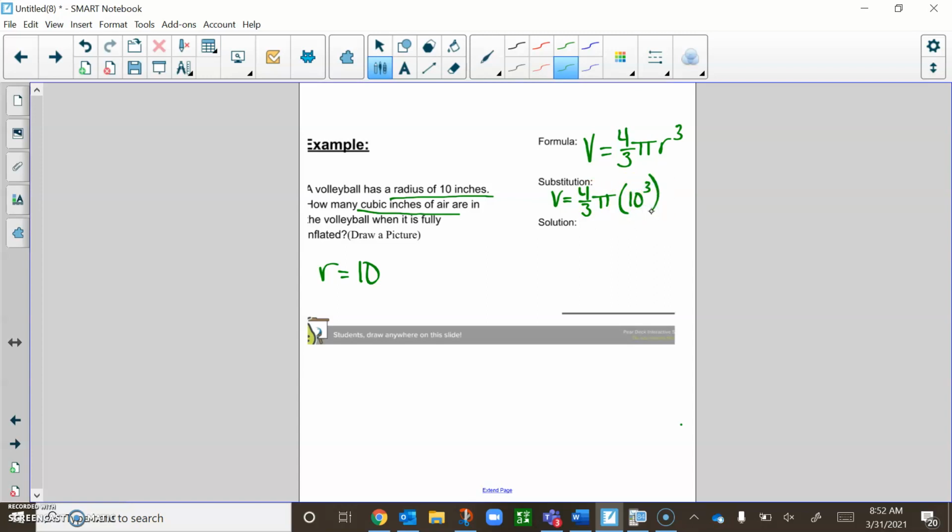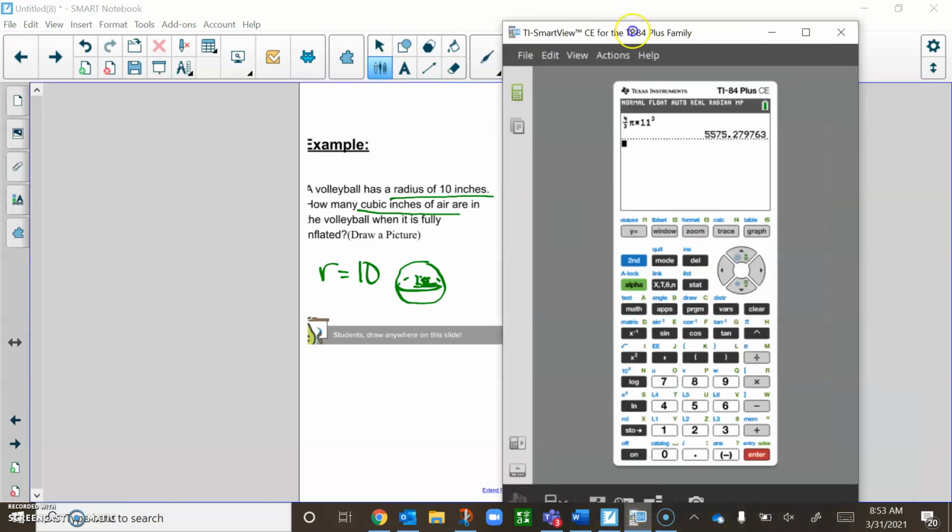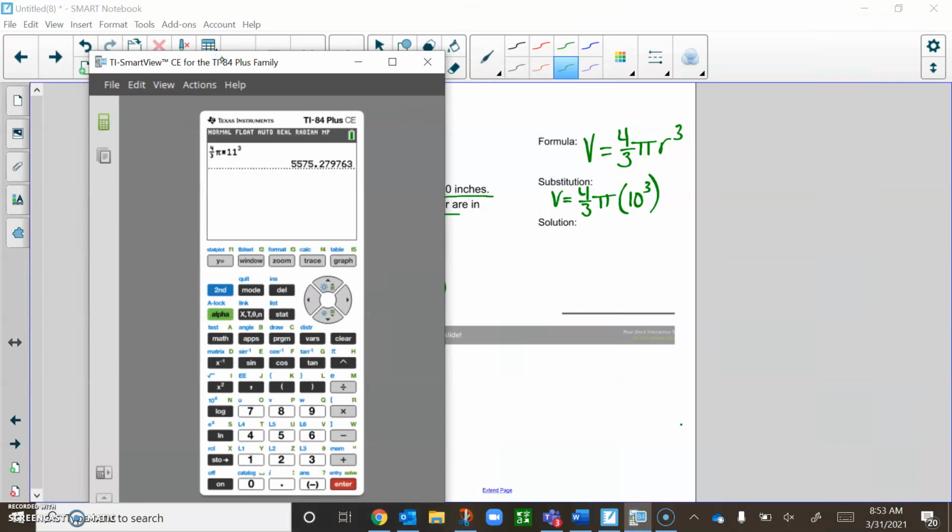If I needed to draw a picture so I can see it, I'm going to draw a circle, or you can draw your sphere like this, and then your radius would be 10. Now we're going to put that into our calculator. Remember, you click math, then you go all the way over to fraction, and we put 4/3.